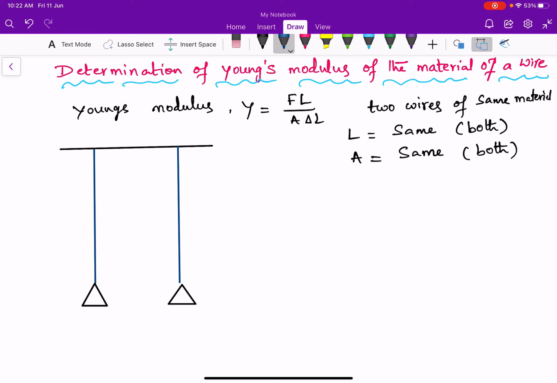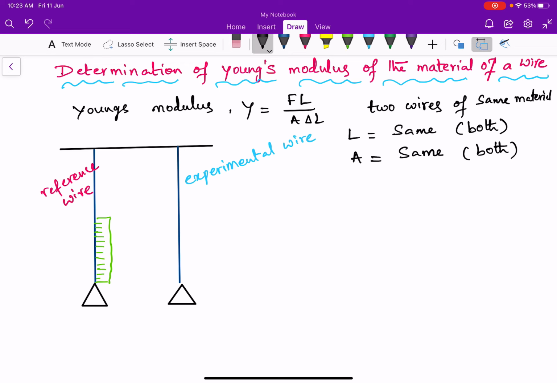We call this wire the reference wire, and this is the experimental wire. And this wire is having a scale.